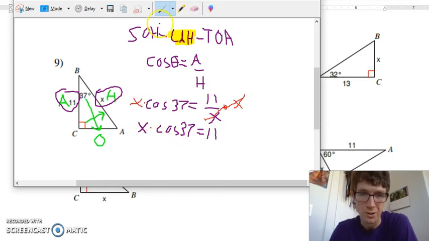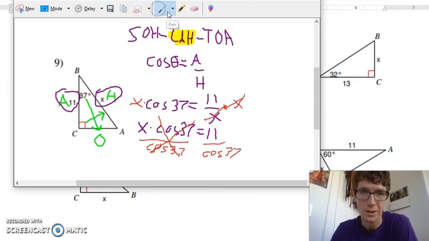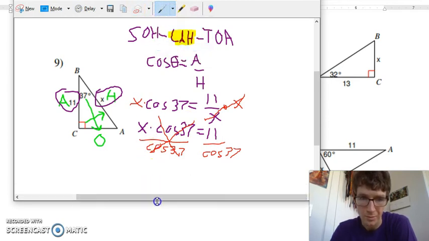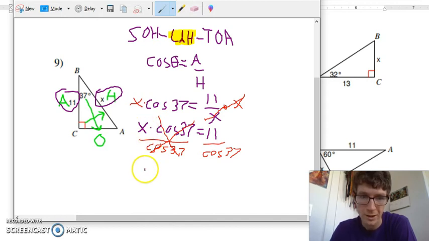The reason is now we can divide both sides by the cosine of 37. Over here, cosine of 37 over the cosine of 37 cancels, and what we're left with will just be our x. So x is equal to 11 over the cosine of 37.